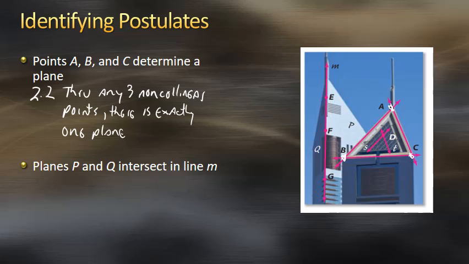So we look at the statement, we identify what the statement is representing to us from this diagram, and then we find the postulate that proves that statement.